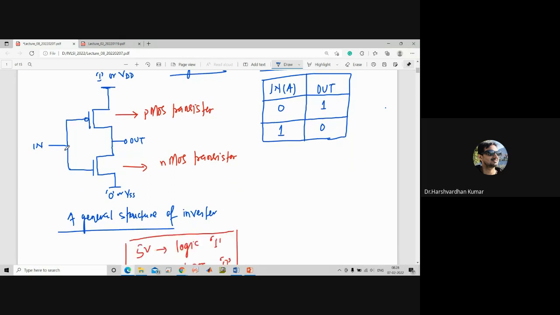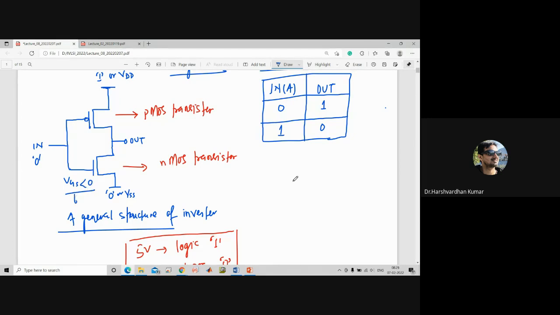However, for the same input, logic 0, the NMOS transistor will be in off state. It is not turned on, because VGS is less than the threshold.